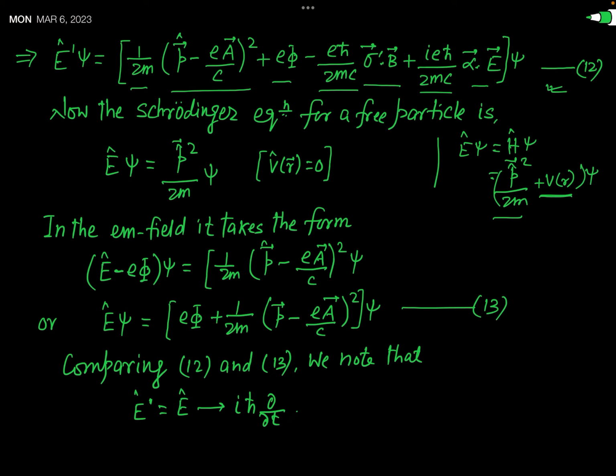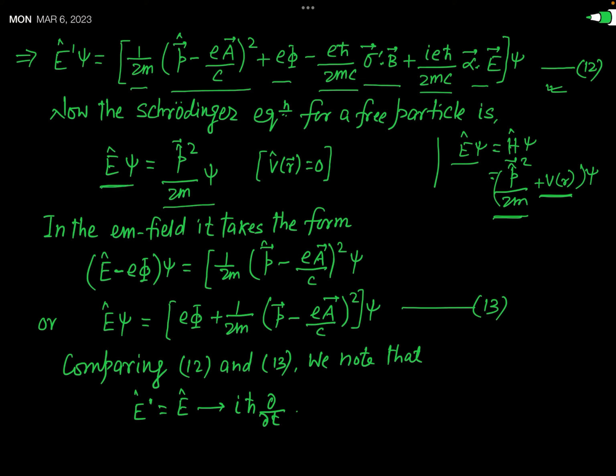So for a free particle, the Schrodinger equation will simply be E hat psi equal to P hat square over 2m psi. So I have written here that this Schrodinger equation is E hat psi equal to P hat square over 2m psi.